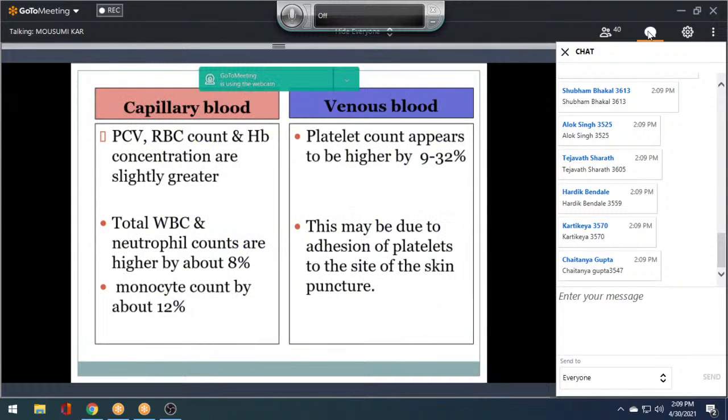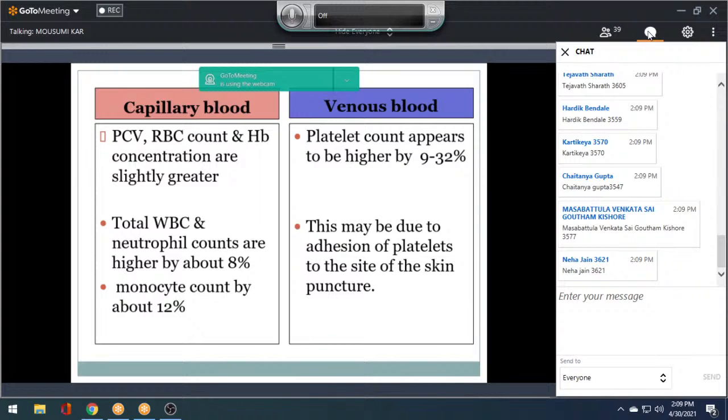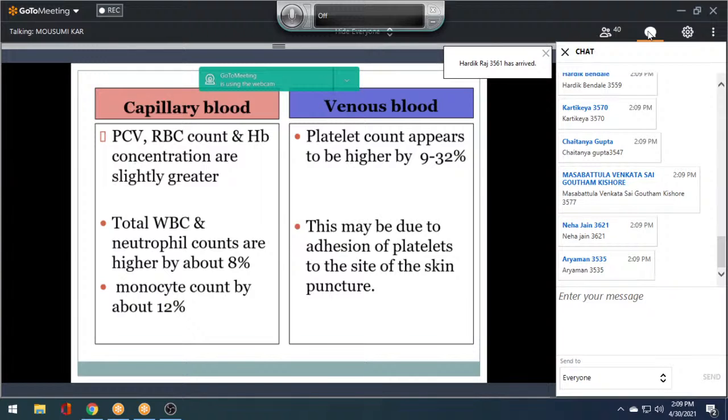There is some difference between our capillary blood and our venous blood. So, what are the differences? Capillary blood will have a PCV, RBC count, and hemoglobin which is slightly greater, and also a TLC, that is total WBC count, and a neutrophil count around 8% greater, and a monocyte count which is around 12% greater.